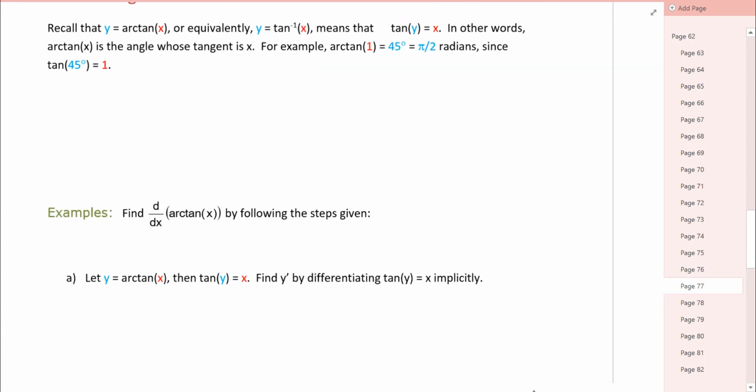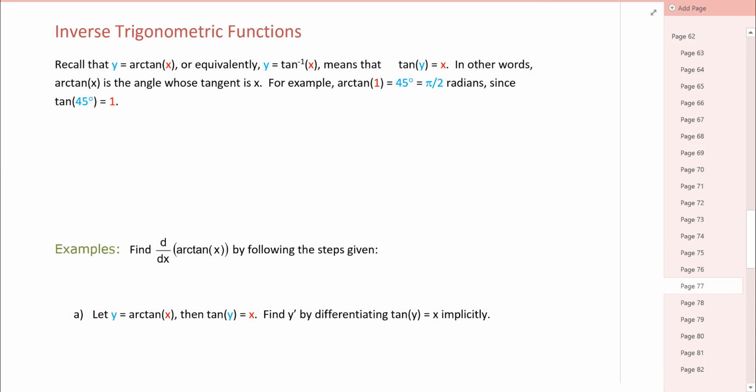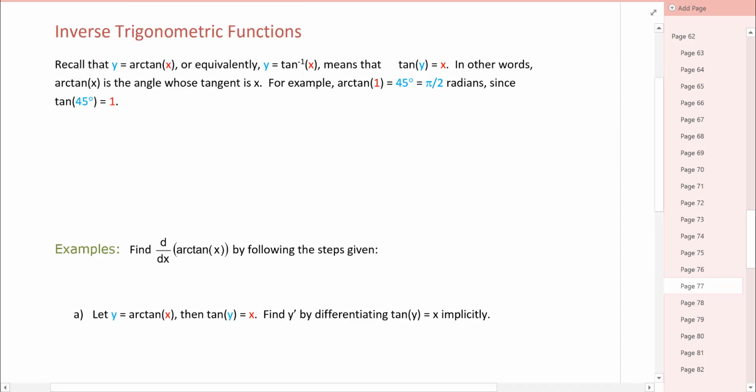Okay, now we're going to use implicit differentiation to show where the derivatives of inverse trig functions come from. I'm assuming you've already studied inverse trig functions, like arctan and arcsine, but if you haven't, we don't really need to know much about them. There's two ways of writing arctan.